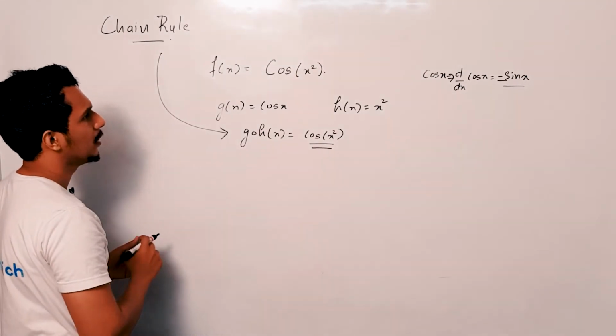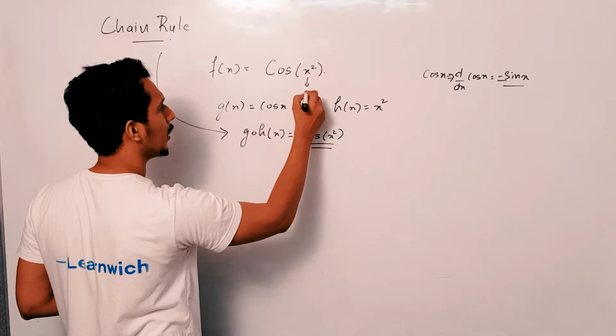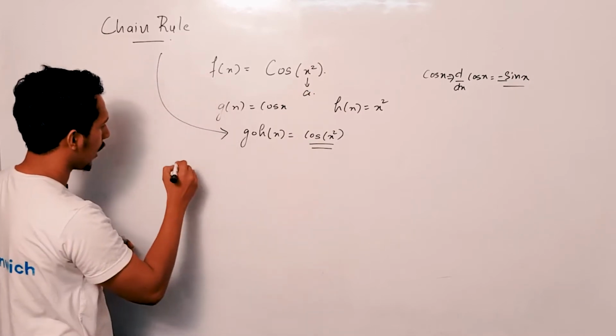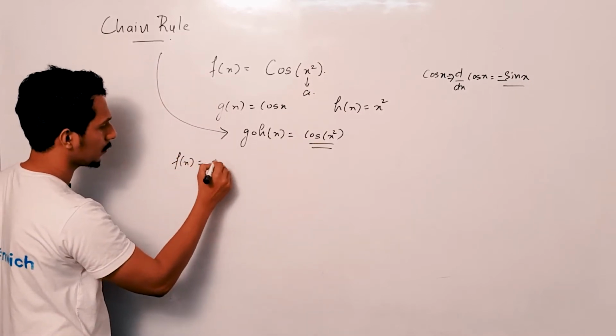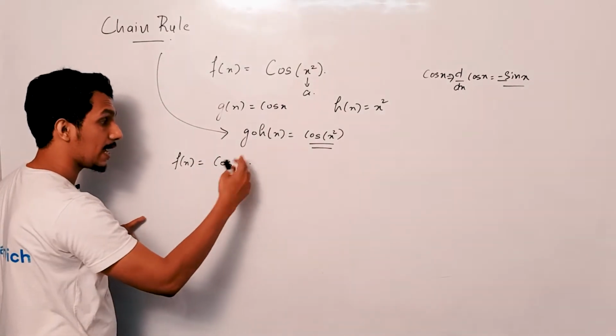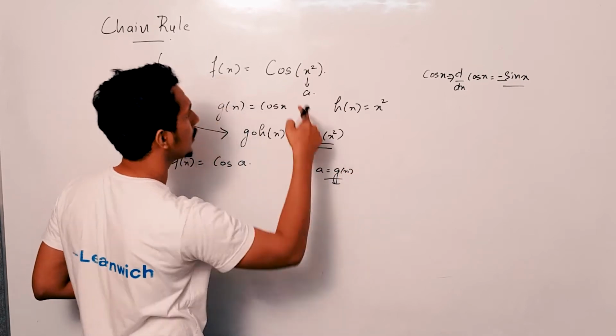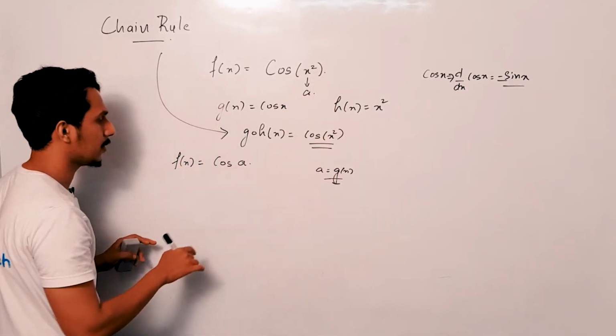So let's say I put this as some variable, I'll put it as a. Let's say f of x is equal to cos a. So a is another function of x. I don't know what it's given as, x square, I'm just taking it as a.